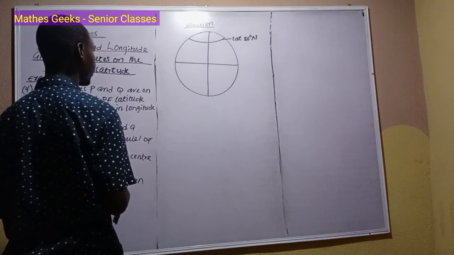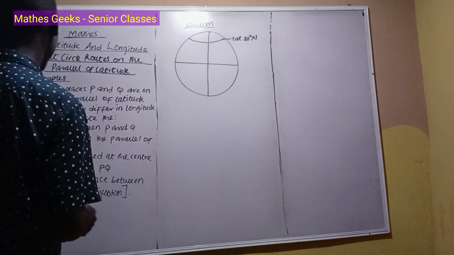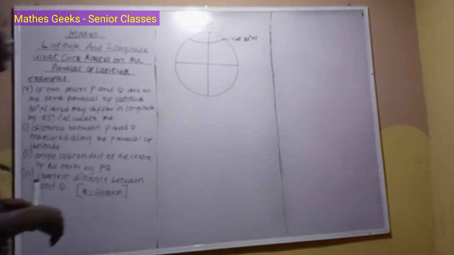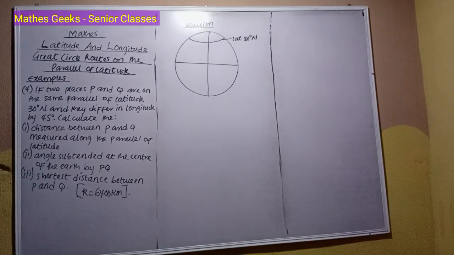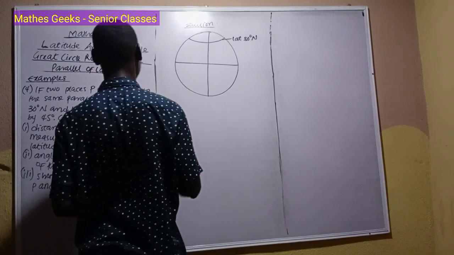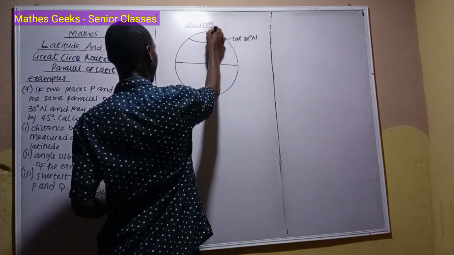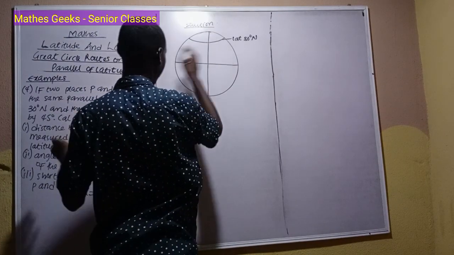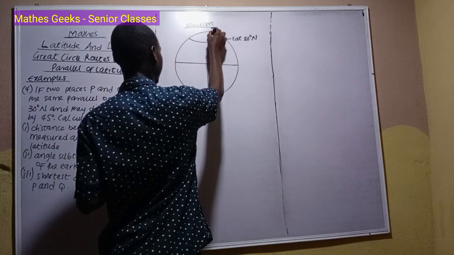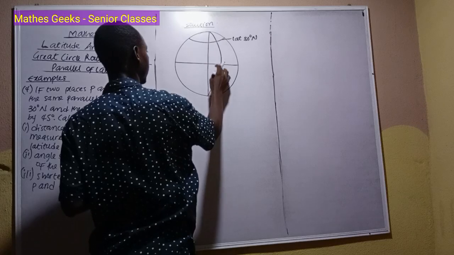We are not told whether the two places are on the same side of the globe or different sides, so let's just sketch and assume.